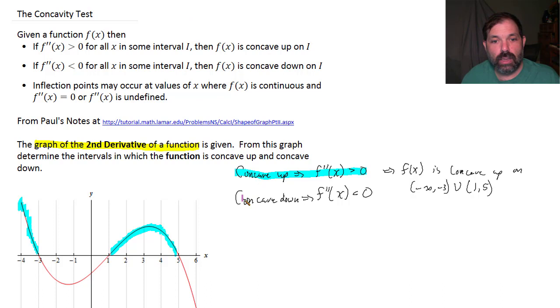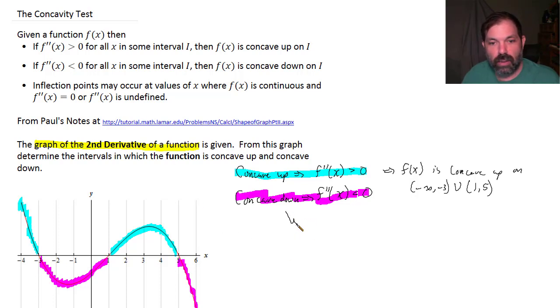Where is the function concave down? Where is the second derivative negative? Again, this is the graph of the second derivative. So we literally just need to find where this graph is below the x-axis. And I'm highlighting those in magenta.